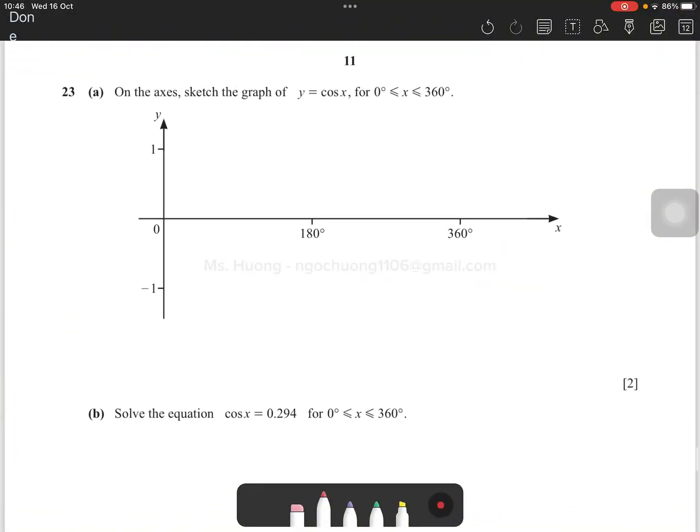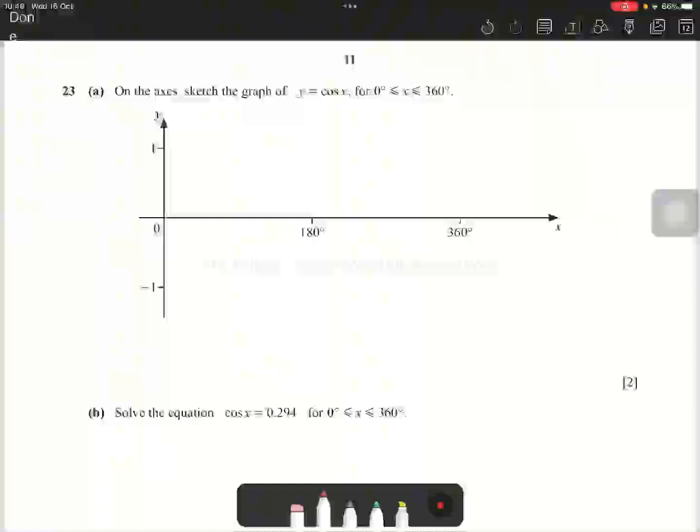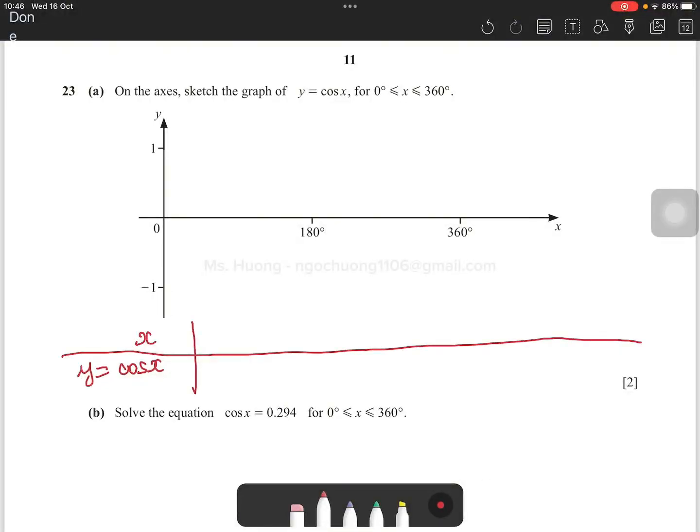Question 23. On the axis, sketch the graph of y equals cos x for x from 0 to 360 degrees. So first of all, we draw a table of values for x and y. Y is equal to cos of x. When x is equal to 0 degrees, cos of x is 1.